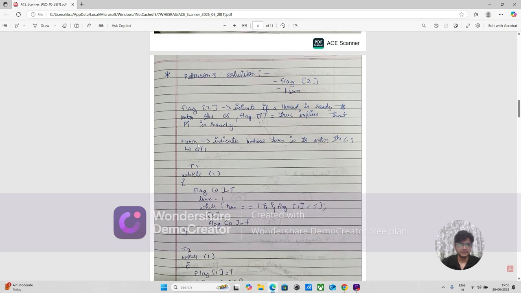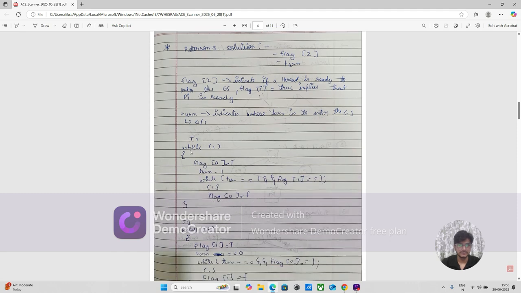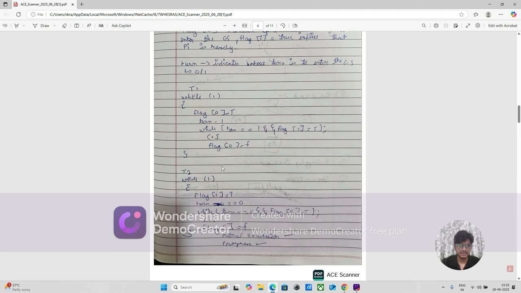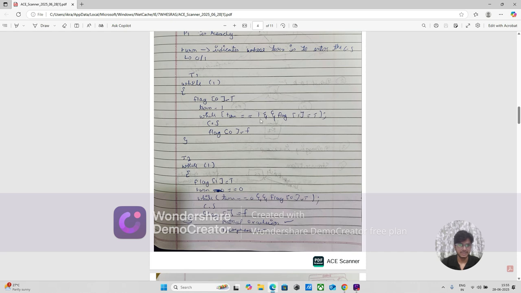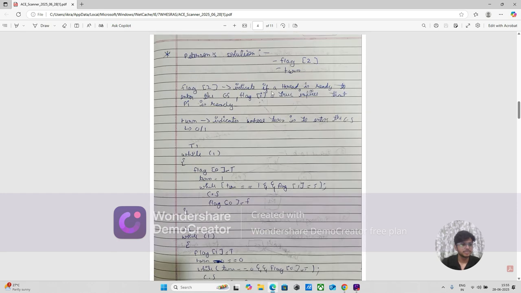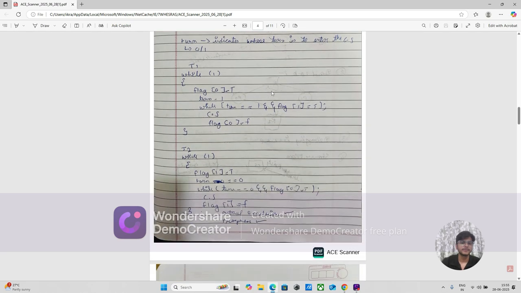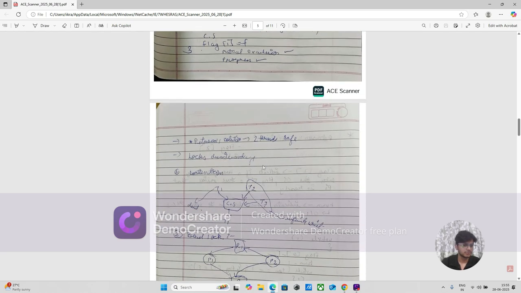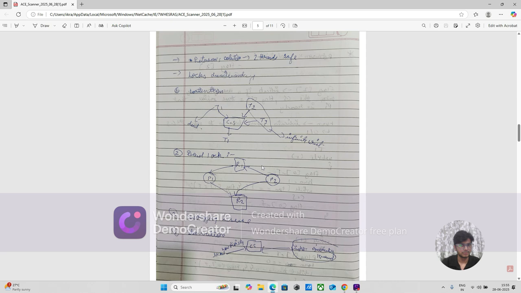Like this is the example: T1, while 1, then flag 1. In this you can understand that if T1 has gone in, then T2 has to wait. If T2 has gone into the critical section, then T1 has to wait. But Peterson's solution is only safe for two threads, not more than that.